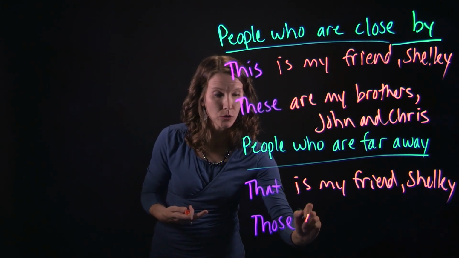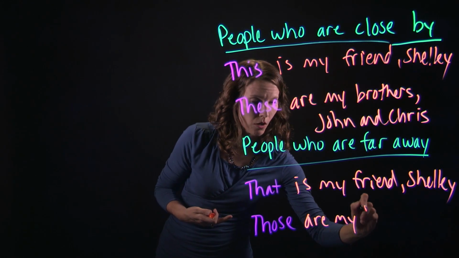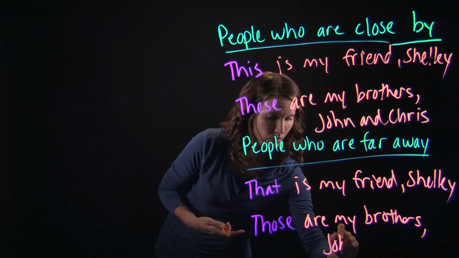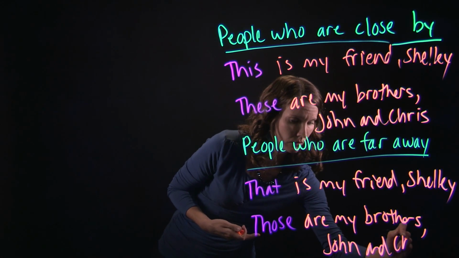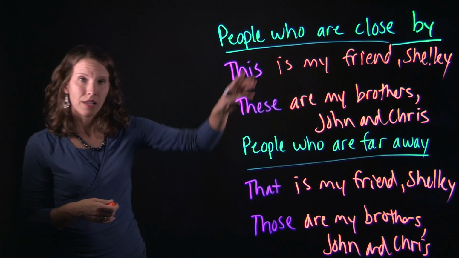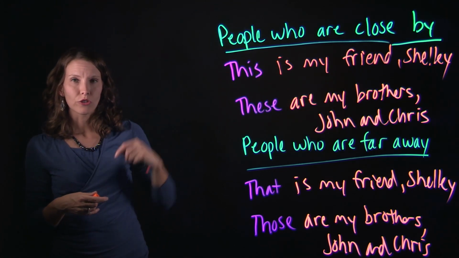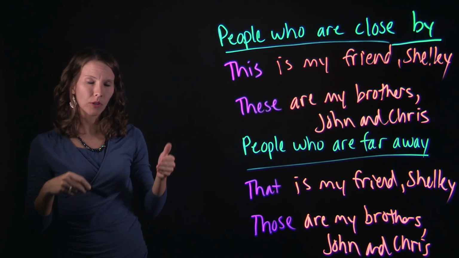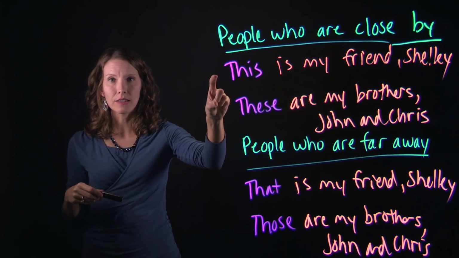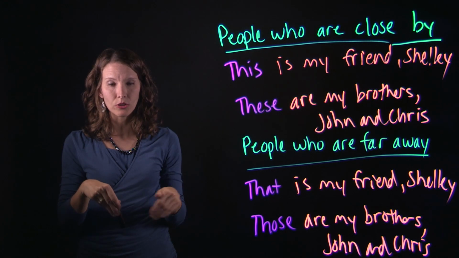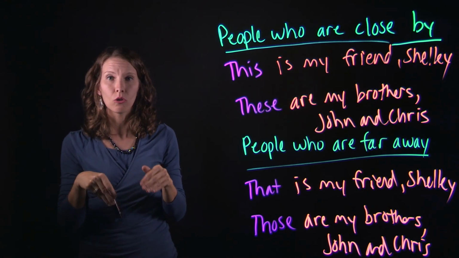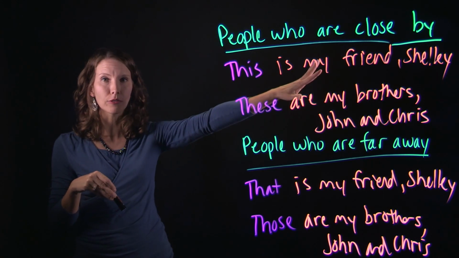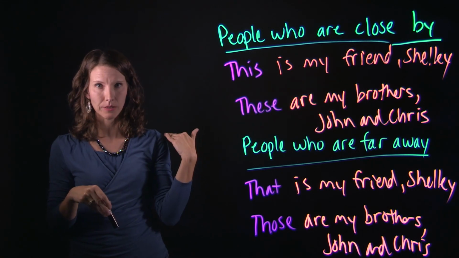Likewise, if I'm introducing a group of people who are far away, I would say those guys over there are my brothers, John and Chris, those people across the room. So what's important for you to remember is that this and these refer to things that are close to you in space, where they are, or in time, and that and those refer to things that are far away from you or that happened in the past.